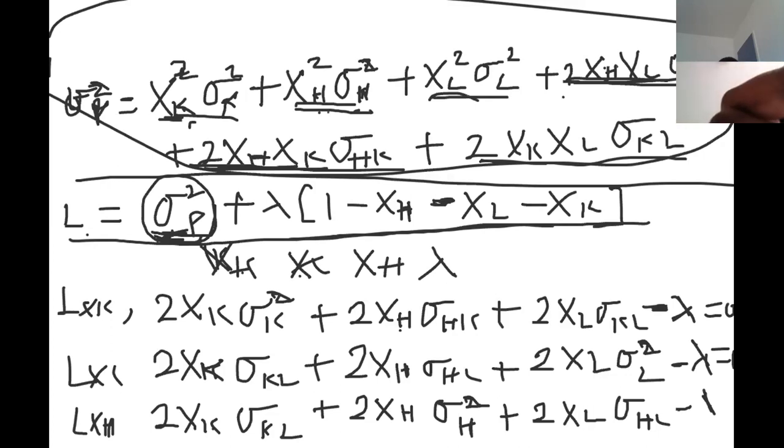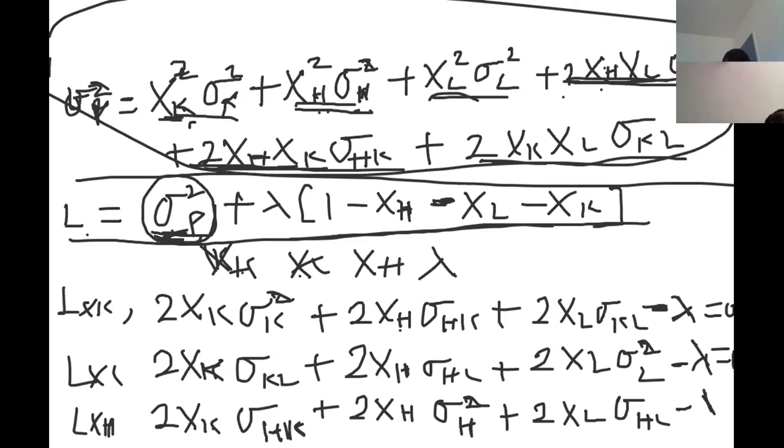Now there's H in this one, it's going to give me 2SH, so we're going to do 2SL covariance between H and L. Now when I come to this part, it's going to give me 2SK covariance between H and K. Yeah, thank you. So H and K.